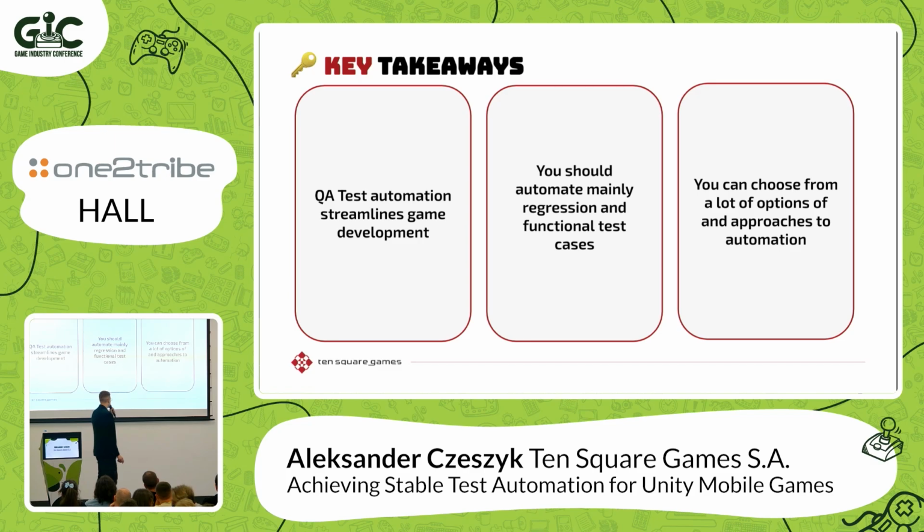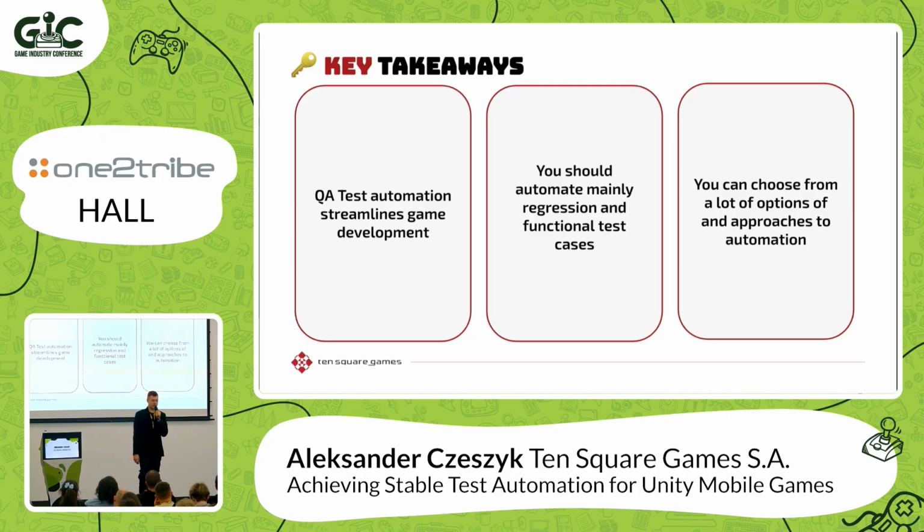Okay, so key takeaways from this part. QA test automation, first of all, streamlines your game development. It really makes it faster. It makes QA testers' work easier. You should automate mainly regression test cases and functional test cases. You can try to do automation of different ones.